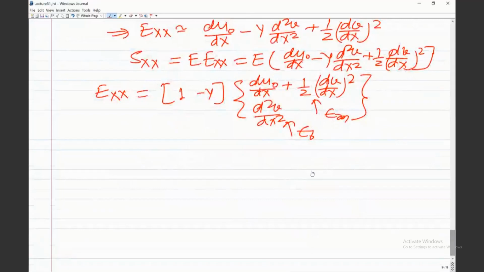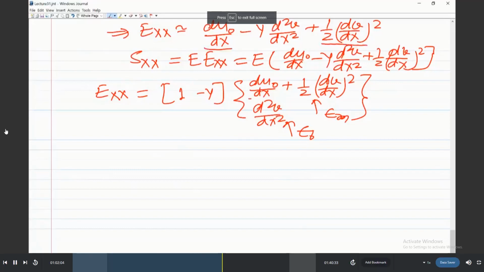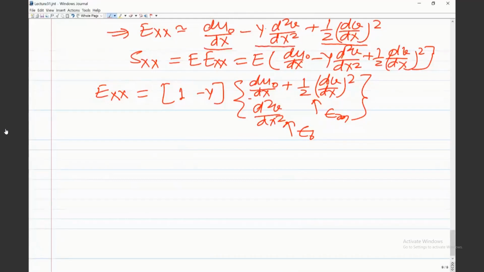Sir, what is membrane strain, sir? Membrane means which is independent of the cross-sectional coordinate. So it is the strain of the neutral axis. If you look at the Exx expression, it has two types of terms. This du naught by dx plus half of dv by dx square does not involve the cross-sectional coordinate, whereas the second term is minus y into d2v by dx square. y is a cross-sectional coordinate, so this part of the strain varies along the y direction.